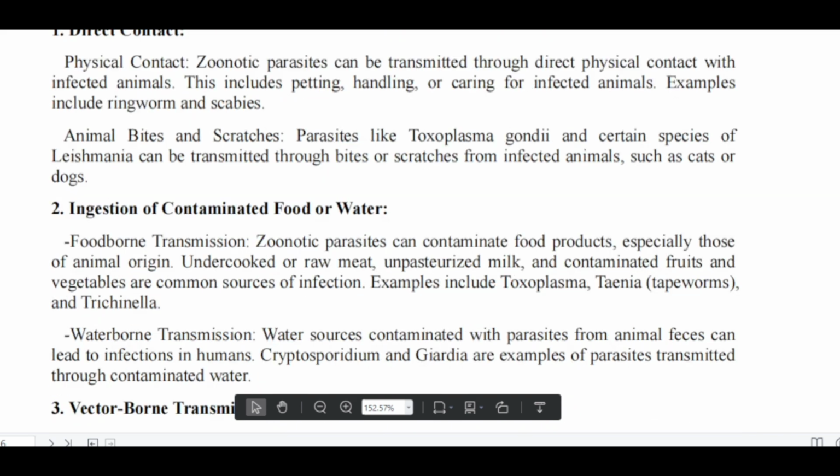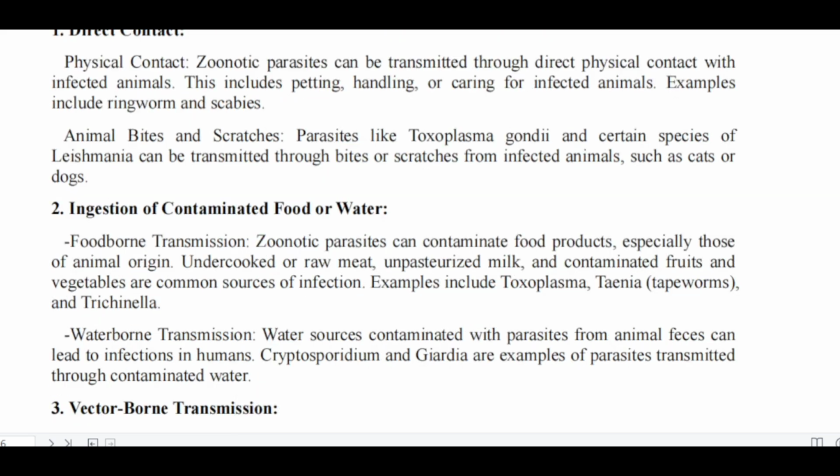The second transmission route is by ingestion of contaminated food or water. Foodborne transmission, that is, zoonotic parasites can contaminate food products, especially those of animal origin, let's say like meat, like milk, like eggs, you understand?